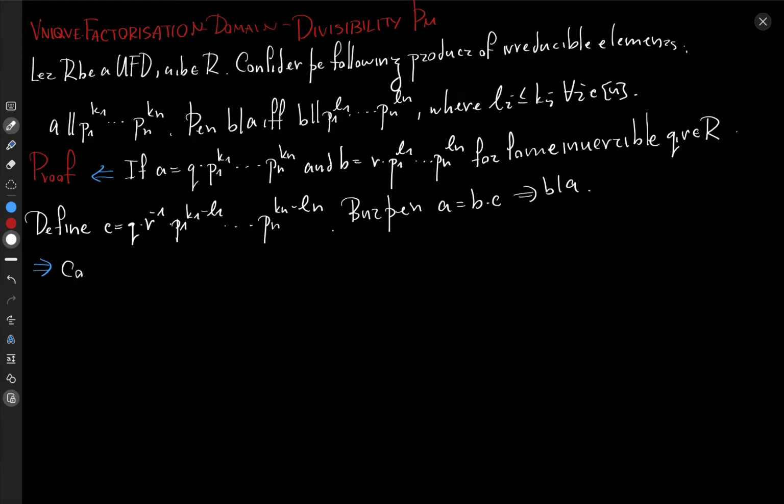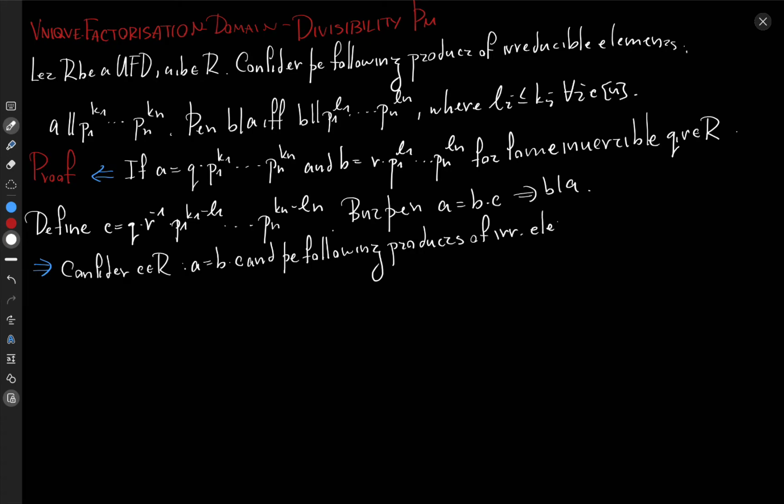Alright, consider some C from the underlying set of the unique factorization domain such that A is equal to B times C, because we assume that B divides A, and the following products of irreducible elements.